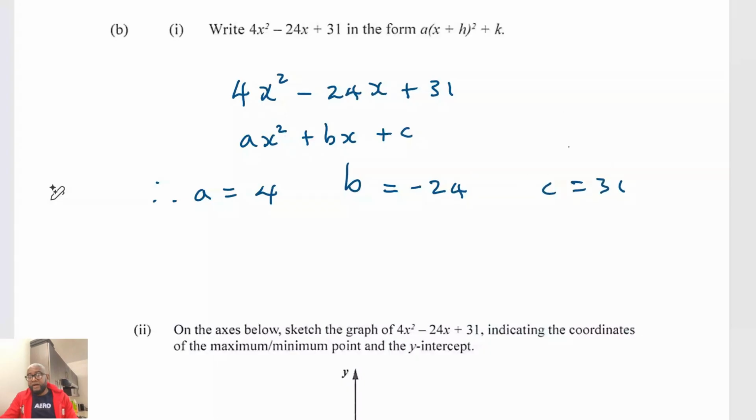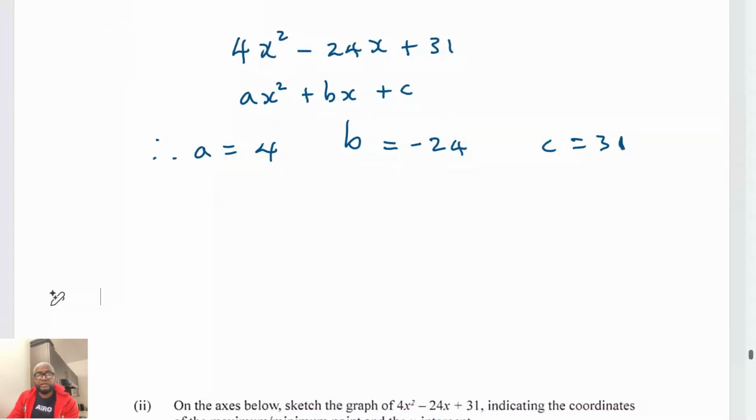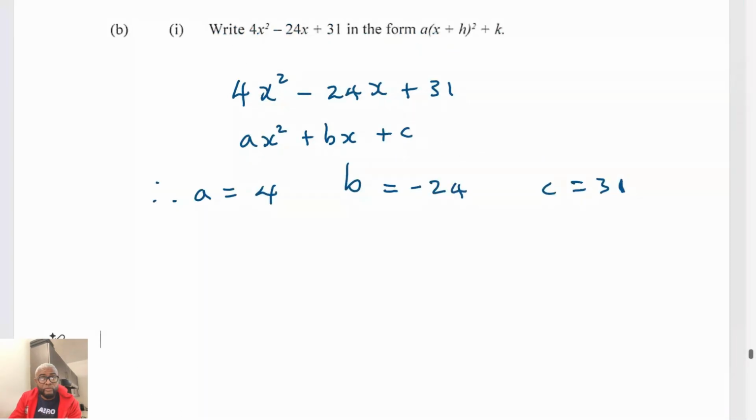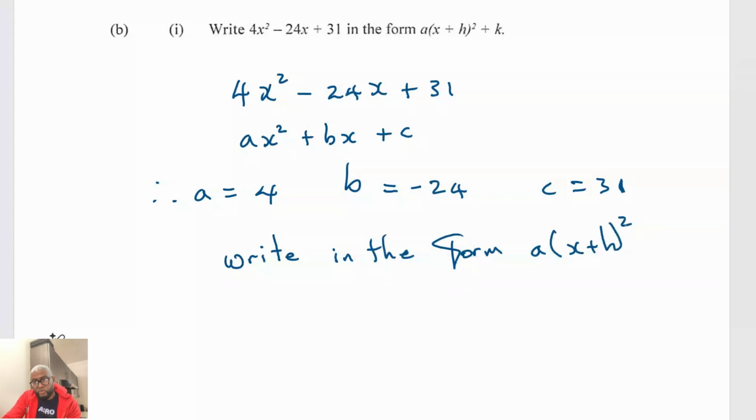Right? So I have two basic formulas to find H and K. You want to write it in the form a open bracket x plus H squared plus K, right?